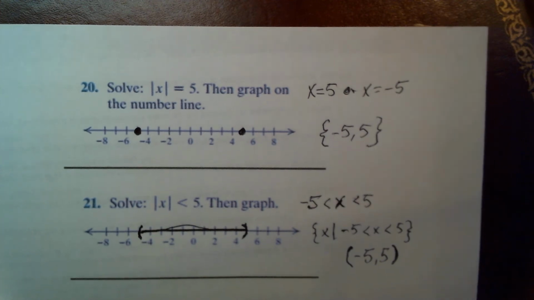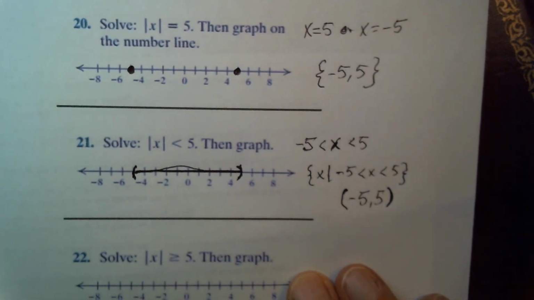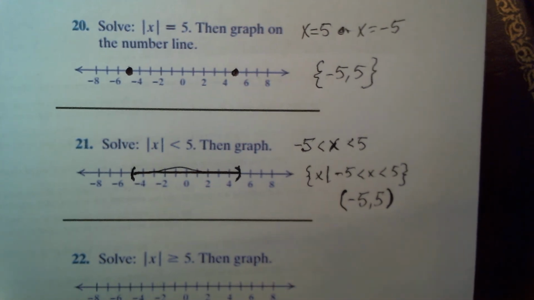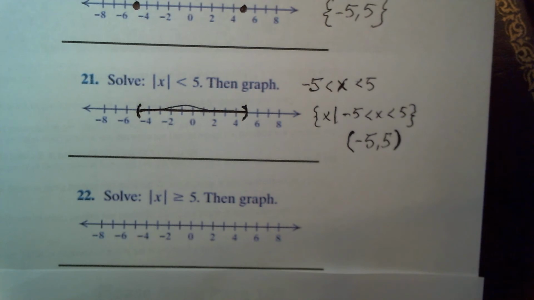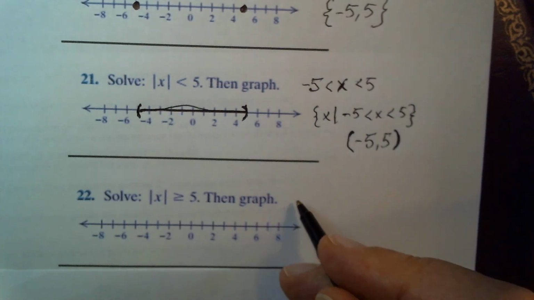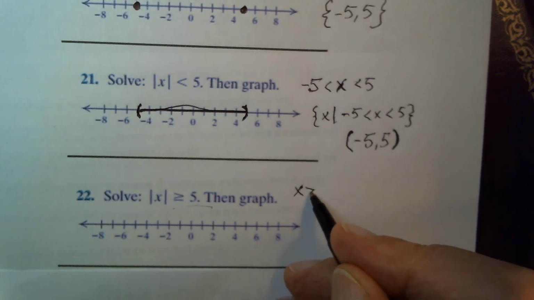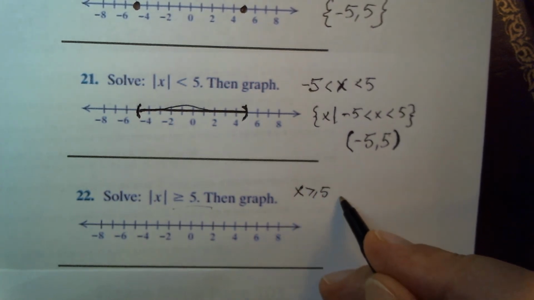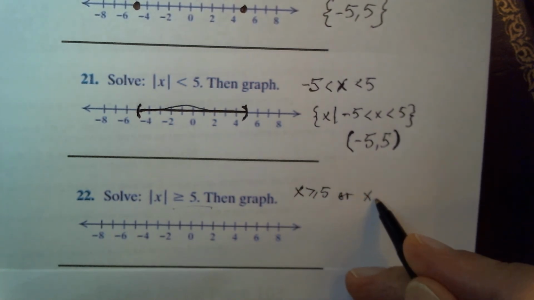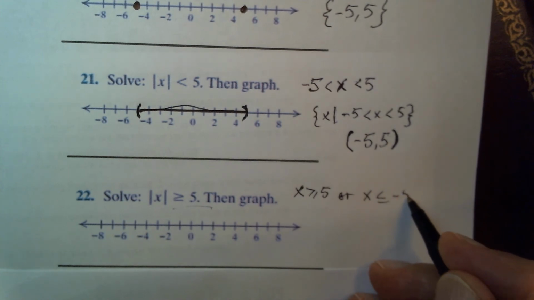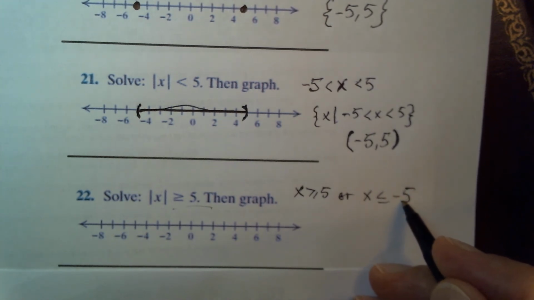Okay, number 22, again referring back to page 103, under C, it tells you what the solution is in a case like this. This inequality means that x is greater than or equal to 5, or x is less than or equal to negative 5.